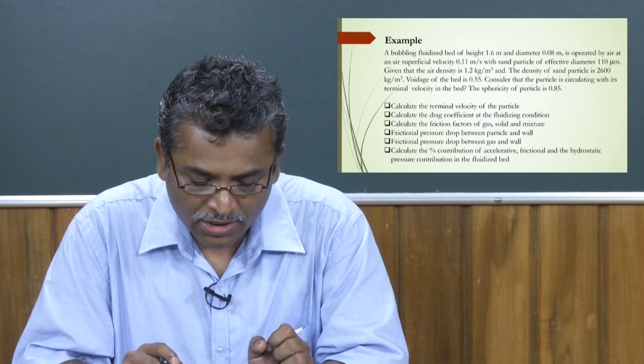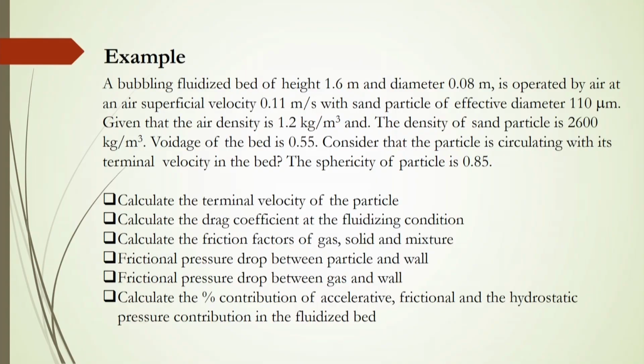Let us see. Let us consider a bubbling fluidized bed whose height is 1.6 meter and diameter is 0.08 meter, operated by air, that means air-solid, at an air superficial velocity of 0.11 meter per second, and the particle is sand whose effective diameter is 110 micrometer.